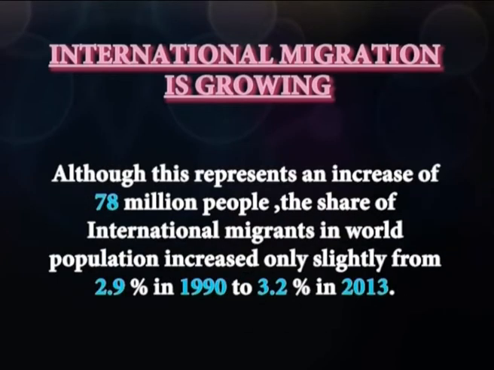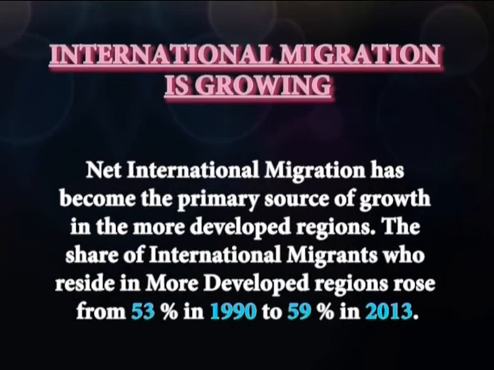Although this represents an increase of 78 million people, the share of international migrants in world population increased only slightly, from 2.9% in 1990 to 3.2% in 2013. Net international migration has become the primary source of growth in the more developed regions.